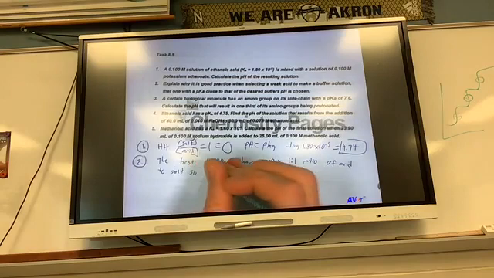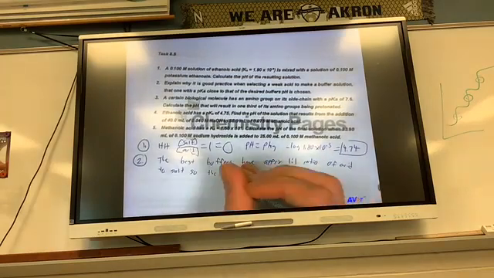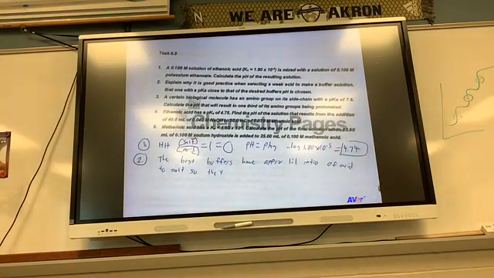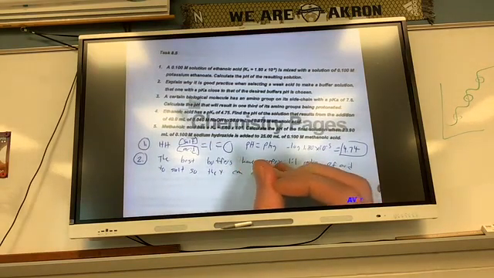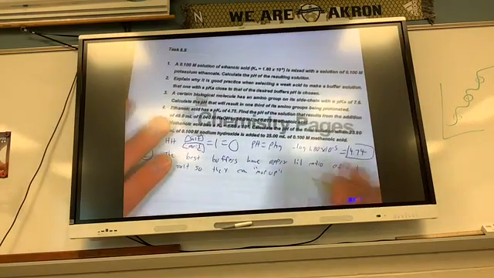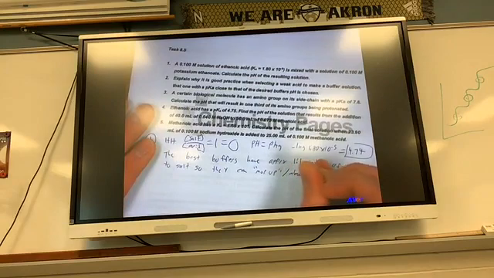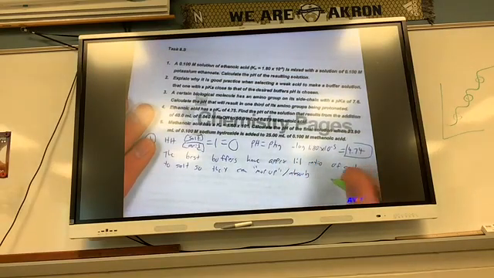Okay, so that's why you want the pKa close to the desired buffer's pH. Remember how we talked about mopping up? So they can mop up, or absorb, what is added.